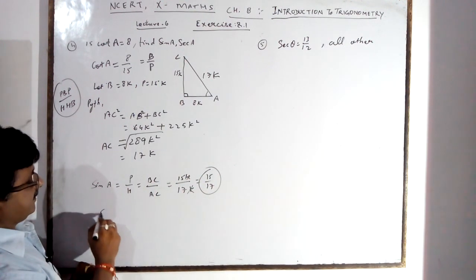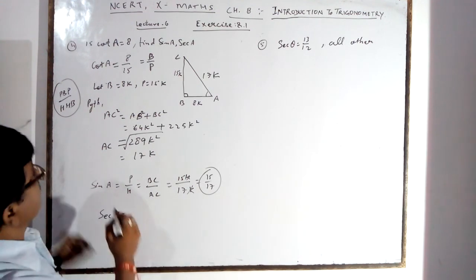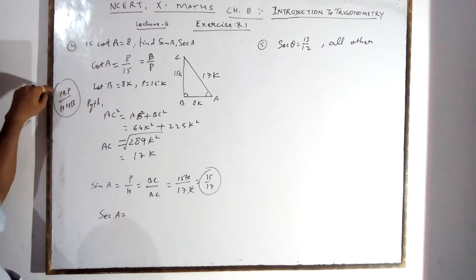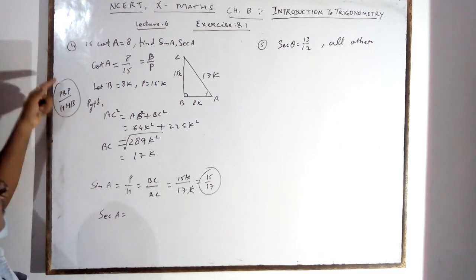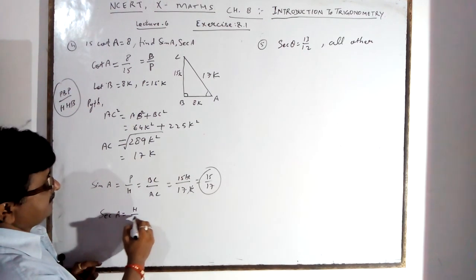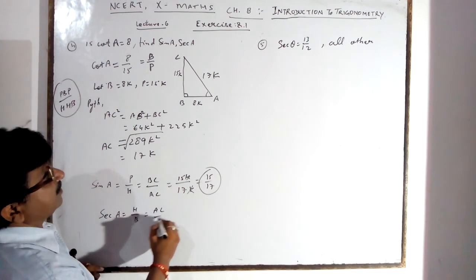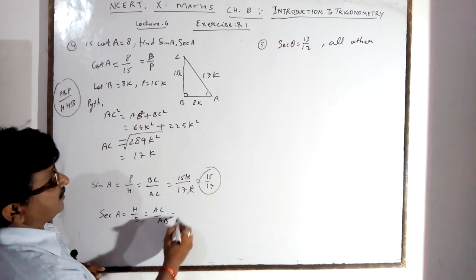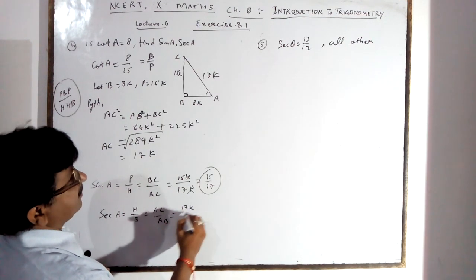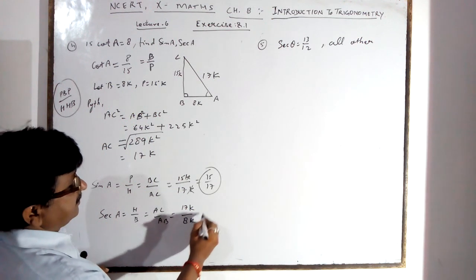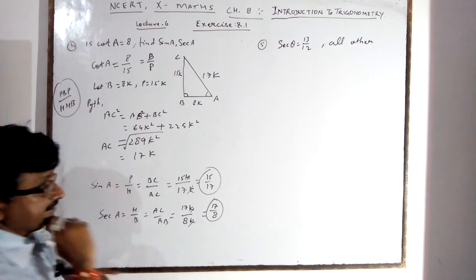Another is sec A. Sec A is H upon B, AC upon base AB, that is 17k upon 8k. K and K cancel, so you get 17 by 8. It is your answer.